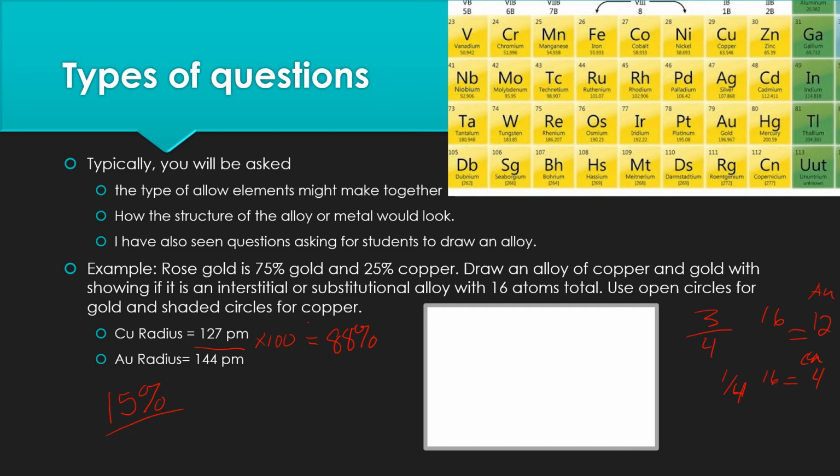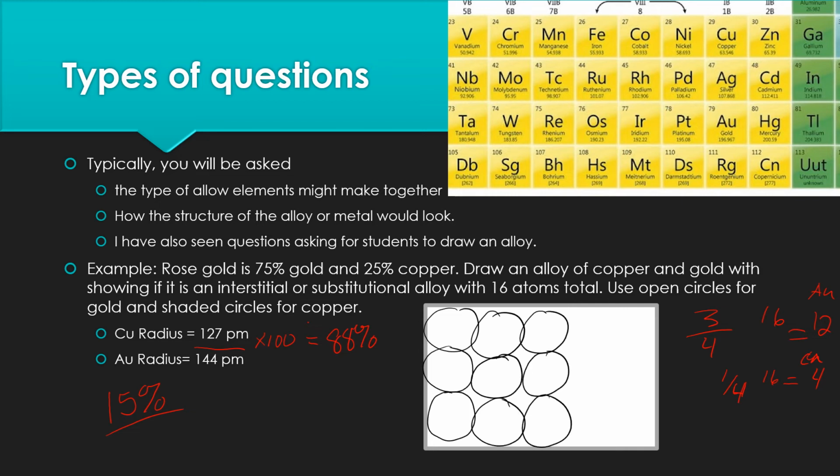Below that, we'd start to get into our interstitial alloys, where the smaller atom would fit inside the spaces of a larger atom. Okay, so now what I'm going to do is draw in my 16 atoms. I've been given a box here. I want to fill up my box. I want to show that it's a solid, so I'm going to go ahead and fill in my atoms.